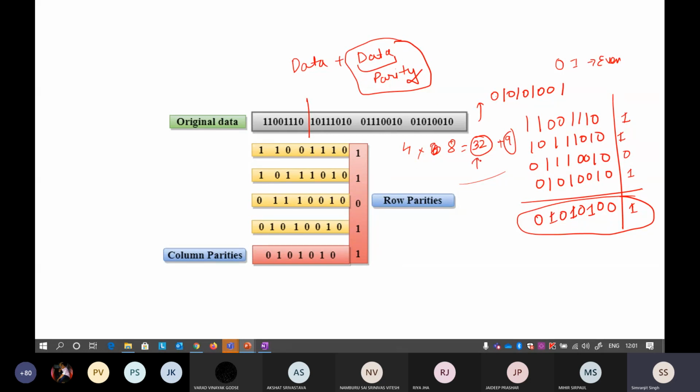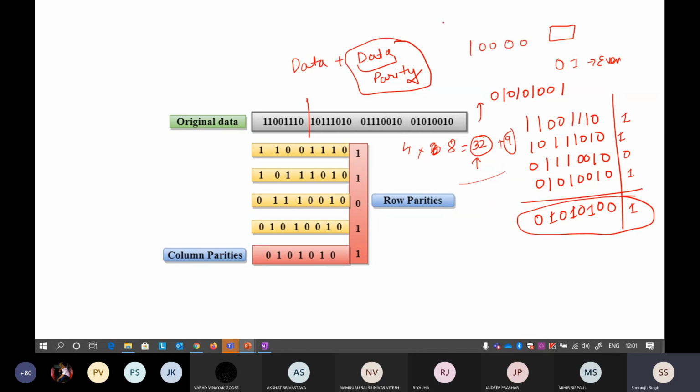If I increase the number to like a million bits, this parity bit number will also increase. Okay, so that is why we refrain from using this parity technique. It's one of the simplest techniques, but still we refrain from using it, because in this technique the extra data we have to send is very high.